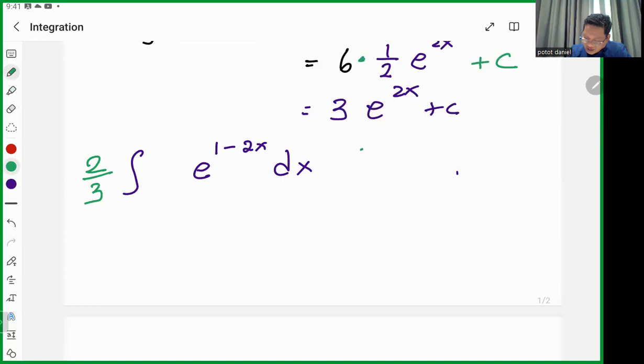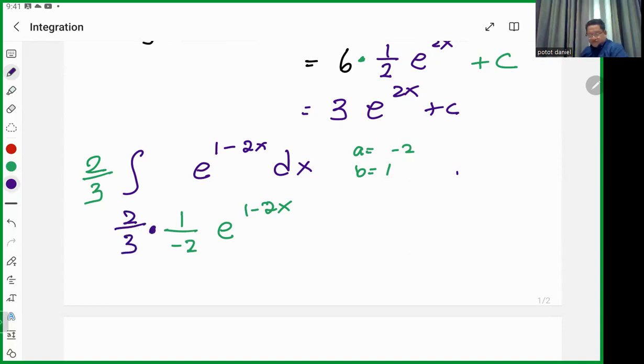Please remember that the a here is negative 2 and your b here is 1. Applying the formula, it says 1 over your a, negative 2, and then just copy the rest. Whatever the answer, you multiply by 2/3.